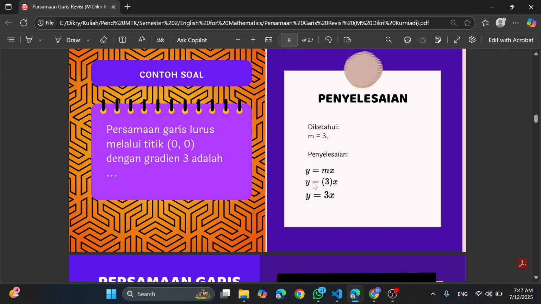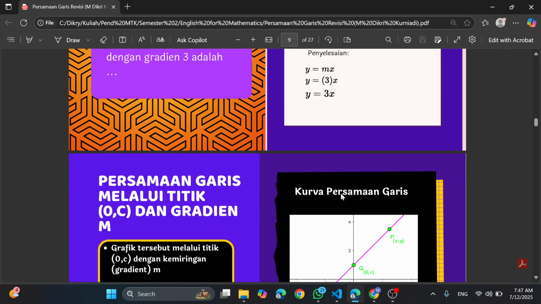We can substitute 3 for m, and then y equals 3 times x, and the result of this equation is y equals 3 times x, with 3 as the gradient.